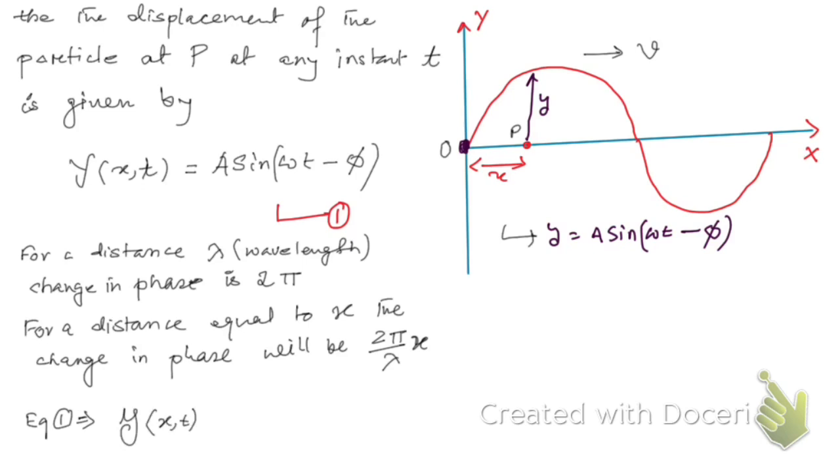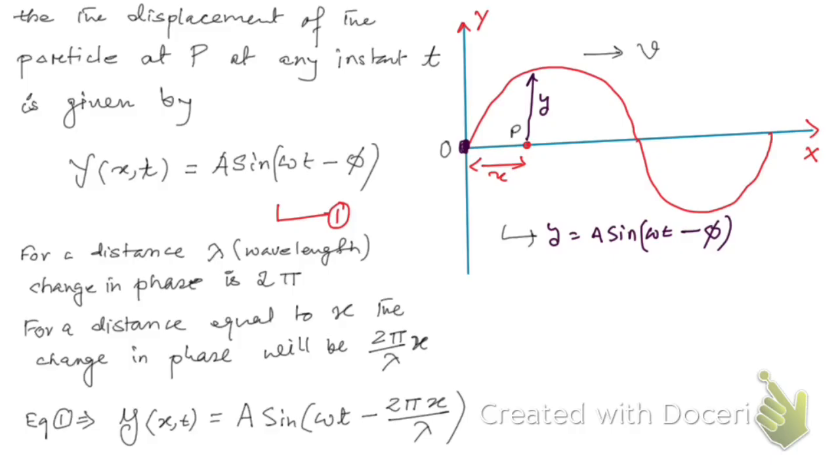That means y is the displacement of the particle at x at instant t, right? That is the meaning of y of x comma t. A sine omega t minus phi is nothing but now 2 pi x divided by lambda, okay?